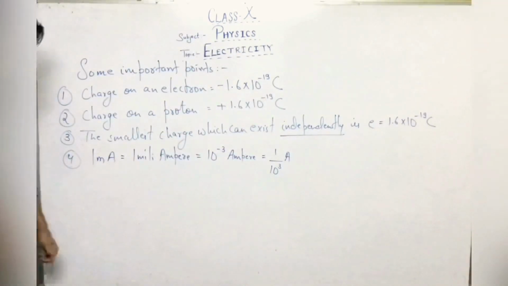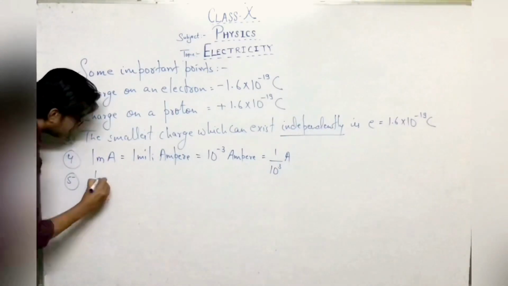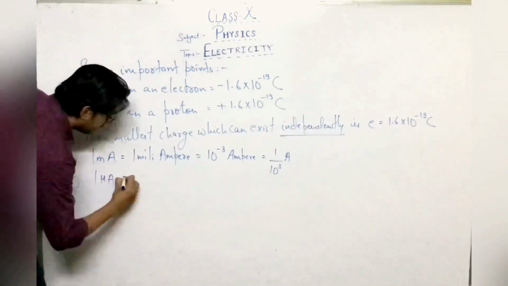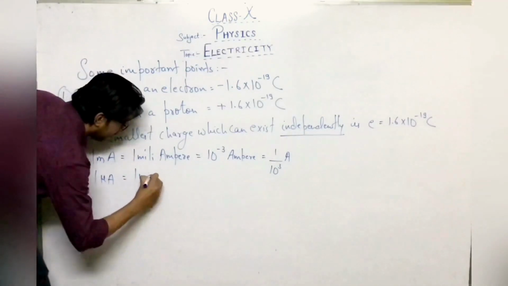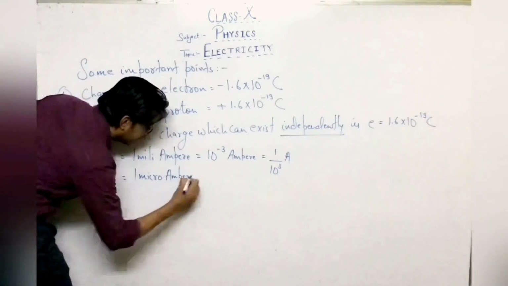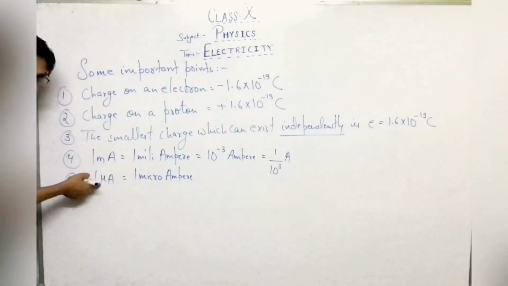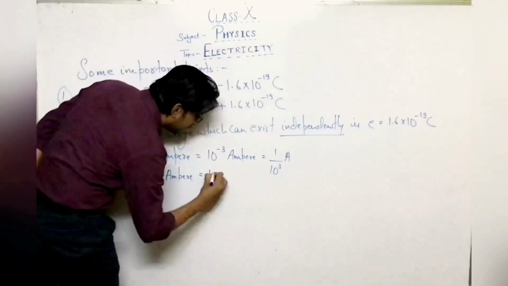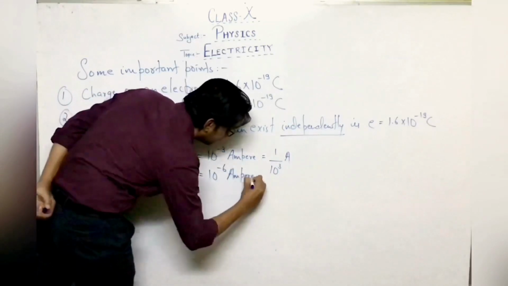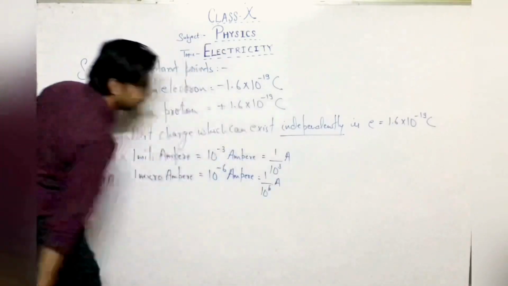Understood? Again, fifth point, 1 microampere. Micro is the symbolic form of micro, which is equal to 10 to the power minus 6 ampere, which is 1 by 10 to the power 6 ampere.